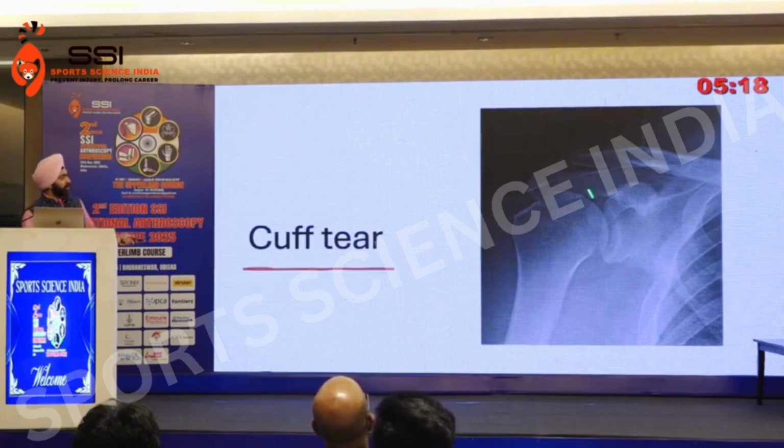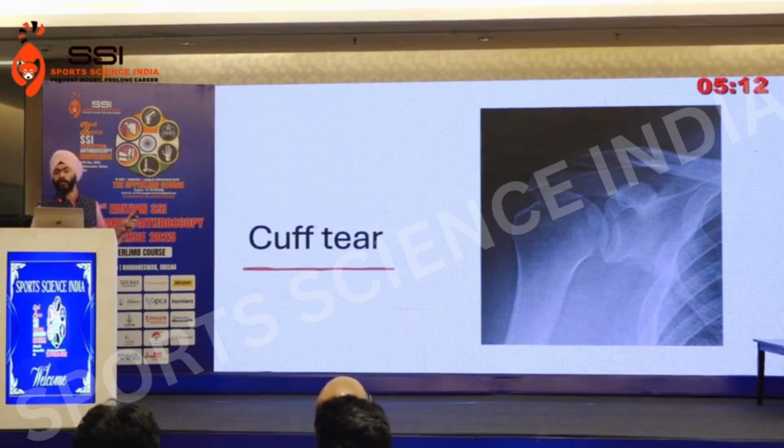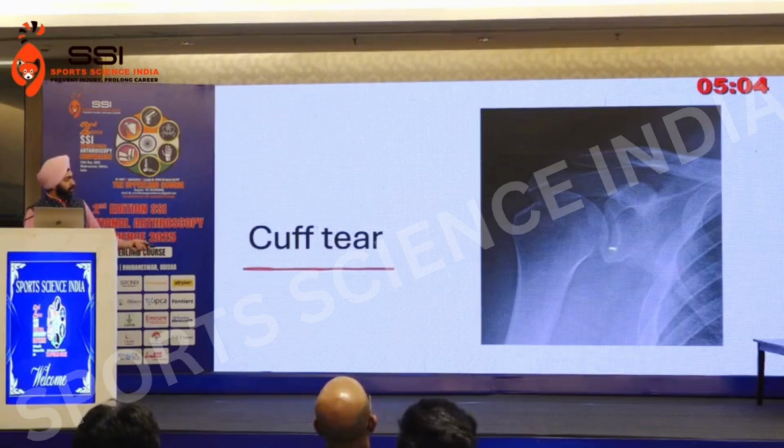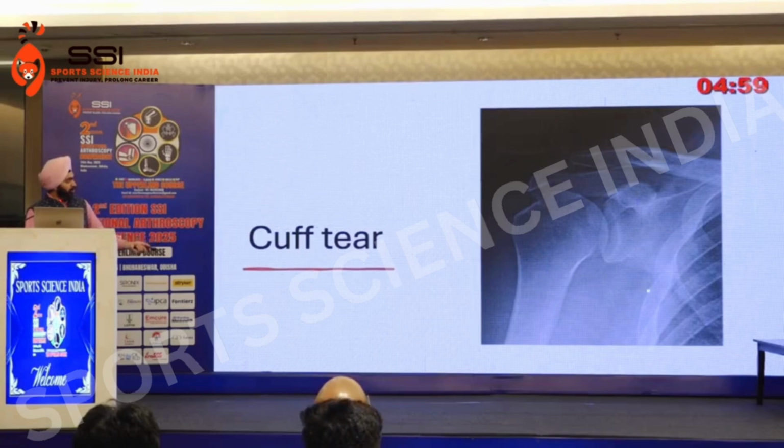In a long-standing cuff tear, you'll have a decreased acromiohumeral interval, which should be more than 6 mm in a normal individual. If that is decreased, it's a sign that there's a cuff tear, because of which there's proximal migration. Again, this Gothic arch would be gone, so there's no continuous Gothic arch.